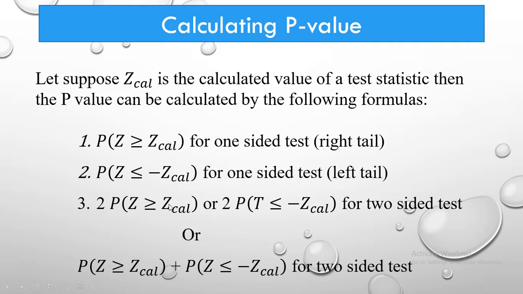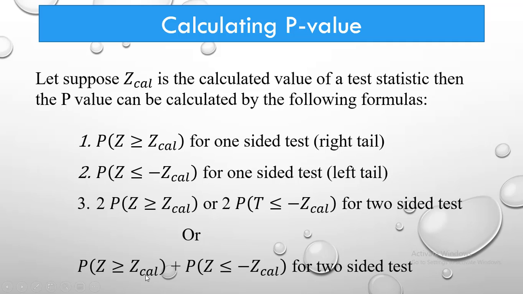Because the normal distribution or t distribution is symmetric, you can calculate either tail and multiply by 2, because the probability on both sides is the same. So you calculate for one side, either the right side or the left side from the calculated test statistic, and then multiply by 2. This is for the two-sided test.